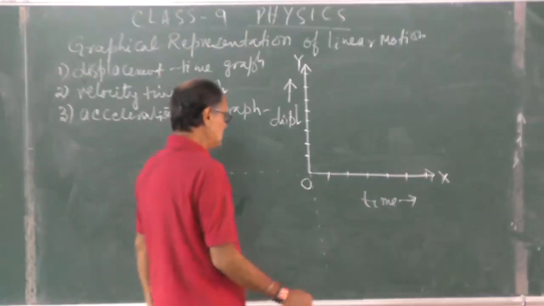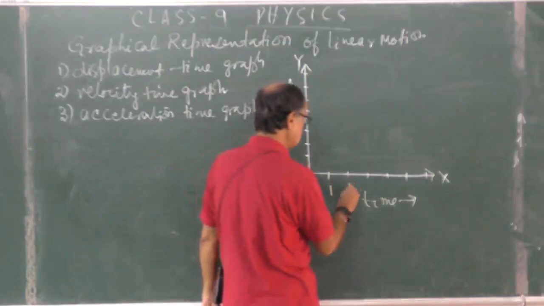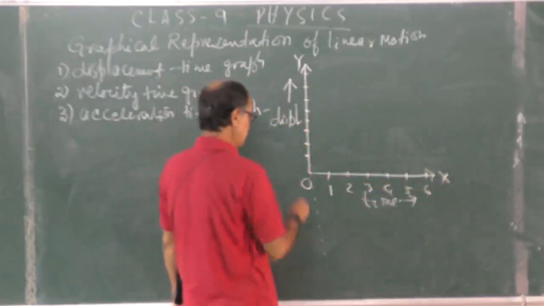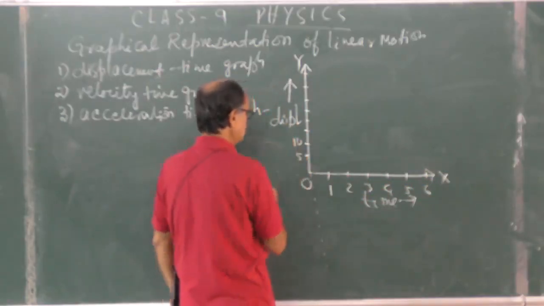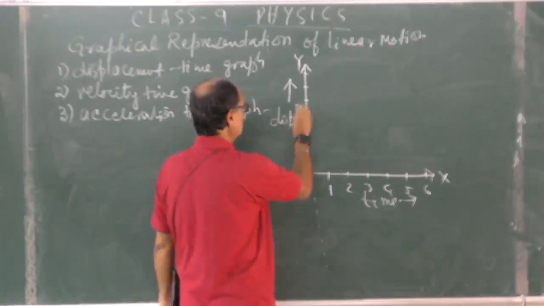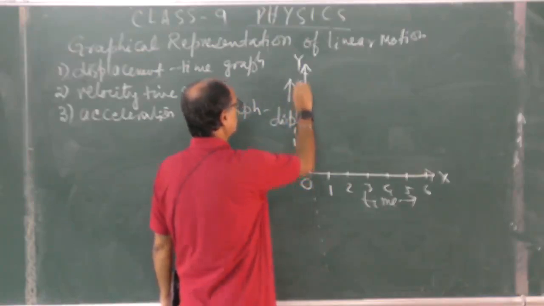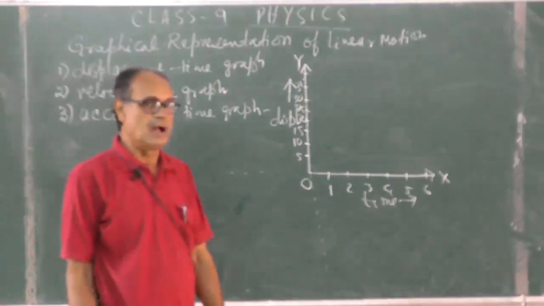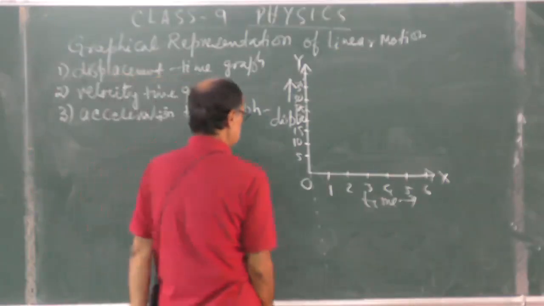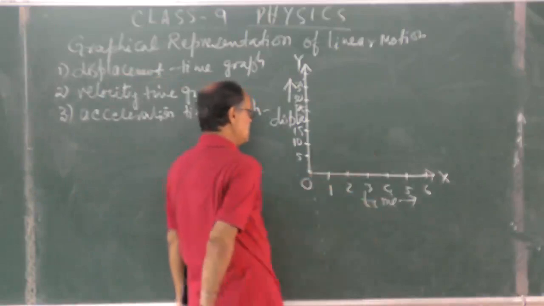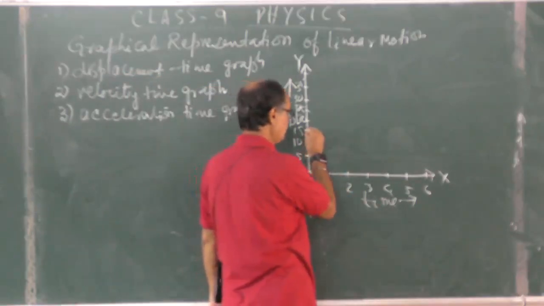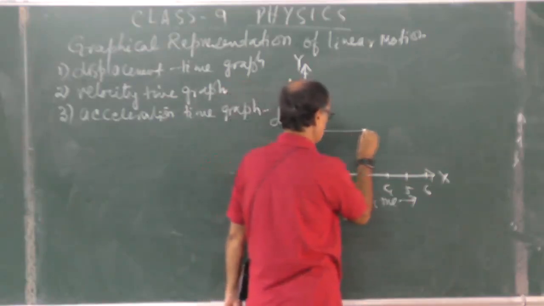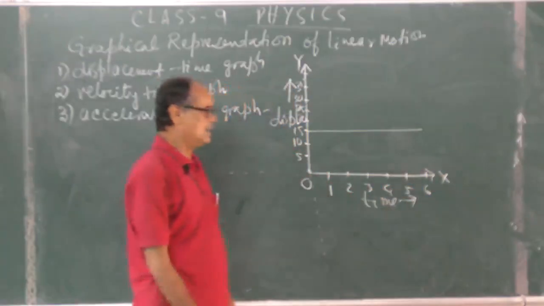So at times, say I'm taking 1 second, 2 seconds, 3 seconds, 4 seconds, 5 seconds, 6 seconds, like that. Displacement I am taking as 5 meter, 10 meter, 15 meter, 20 meter, 25 meter, 30 meter, 35 meter, with a 5 meter gap. Now, suppose a body moves in such a way that at 0 time it starts from 15 meter displacement and moves straight, parallel to the time axis.